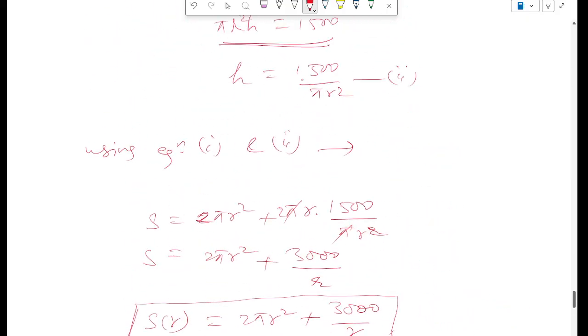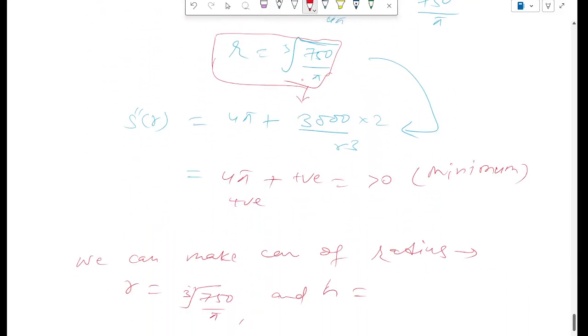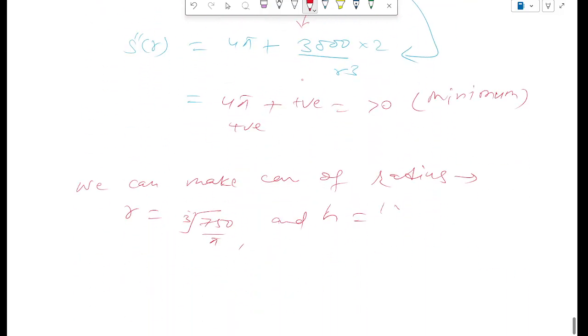Already we had a function in r and h right here, right? 1500 by pi r square. So we can write here 1500 by pi r square. R we can put from here.